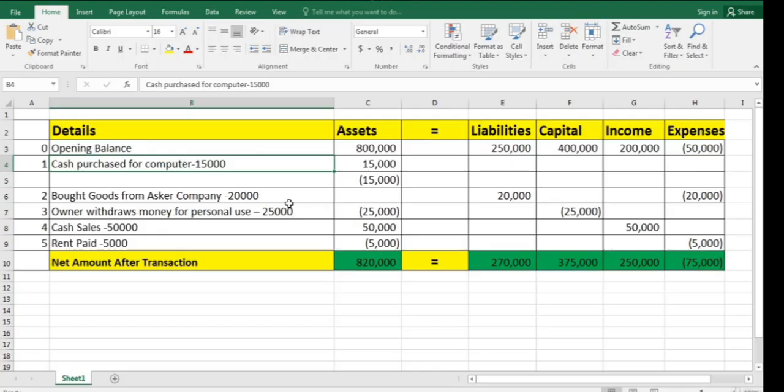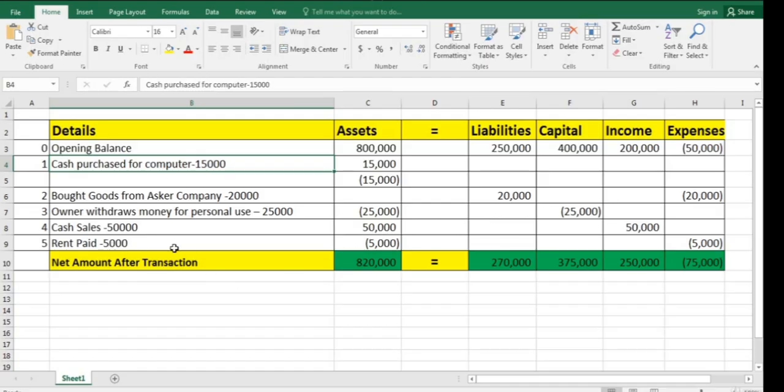It means the capital decreases and the money also decreases. Money is an asset, so assets decrease, and capital decreases 25,000. Cash sale 50,000: sales is one of the income, so income increases 50,000 and cash increases 50,000.